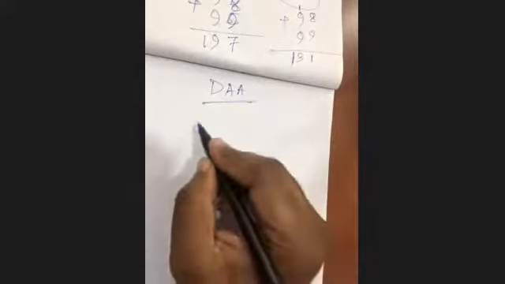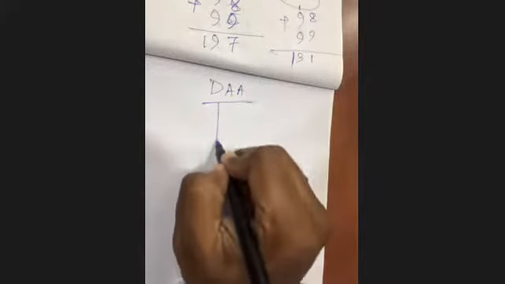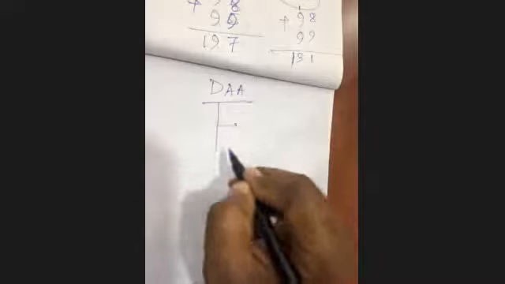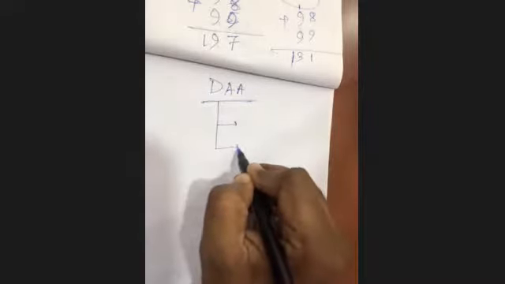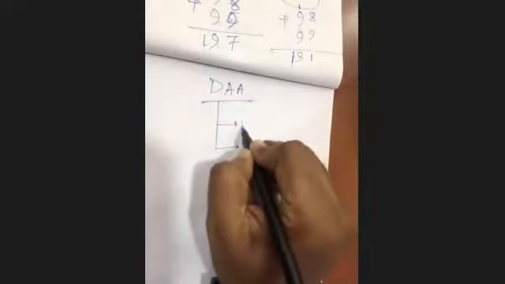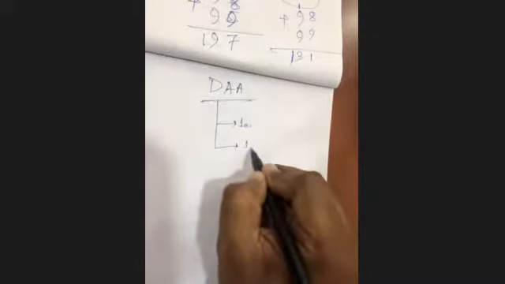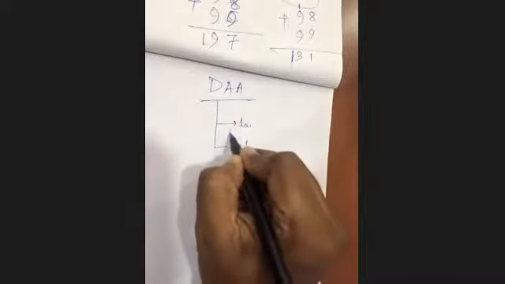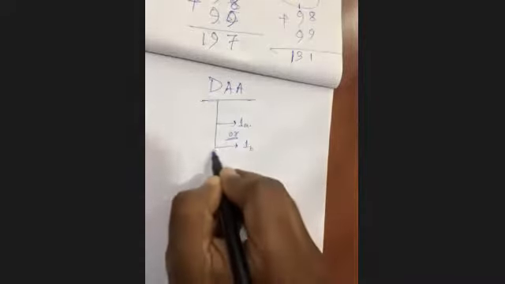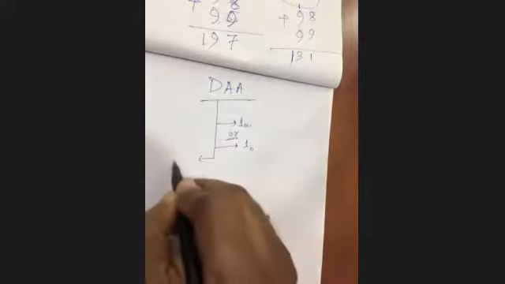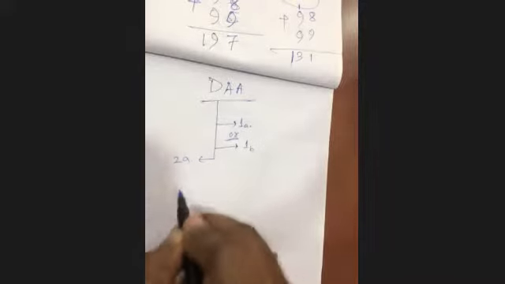There are two checks: this is 1A, this is 1B, either 1A or 1B, or 2A or 2B.